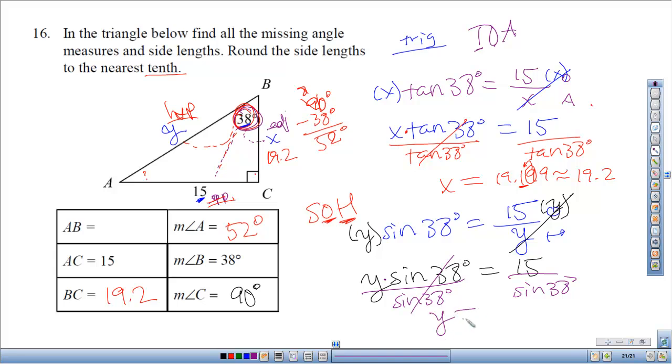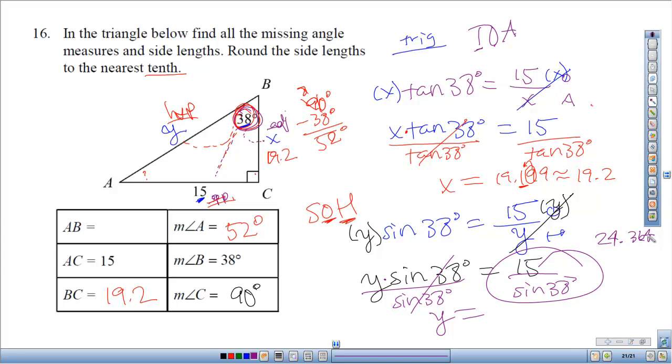Okay, so y equals that right there, and I'm going to grab my calculator again and type in a new problem. 15 divided by the sine of a 38-degree angle. It comes out to be 24.364. And if I'm rounding at the tenth, I'm going to look at the 6. The 6 moves the 3 up, so my final answer would be 24.4. And that's the side length for that one right there. And we have just solved that right triangle.